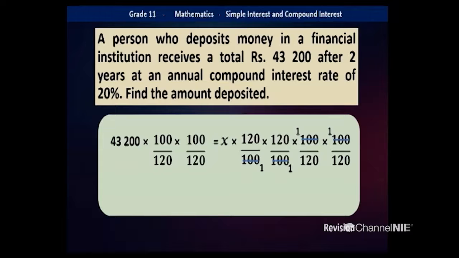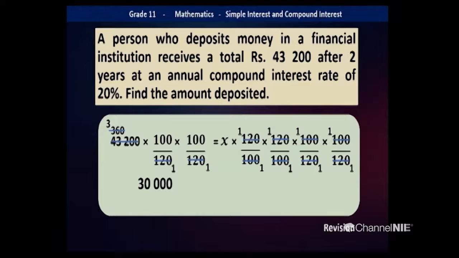Then 120 divided by 100, 120 divided by 100. You can see that. Then on the other side, you divide 43,200 by 120. Then you get 360. 360 again divided by 120, you get the answer 3.